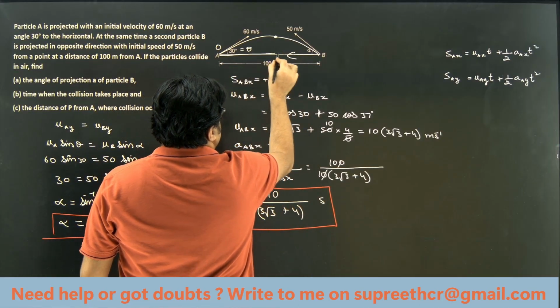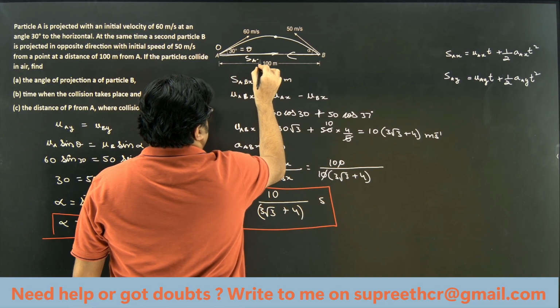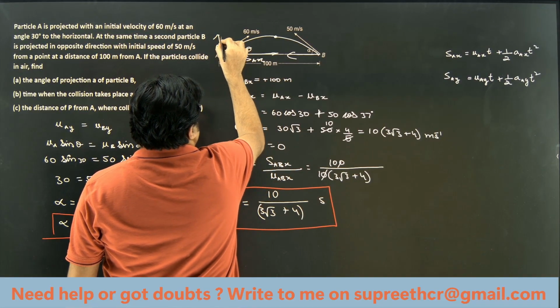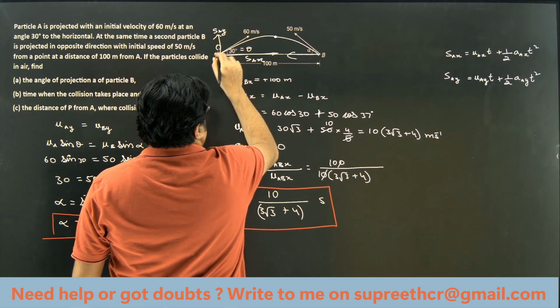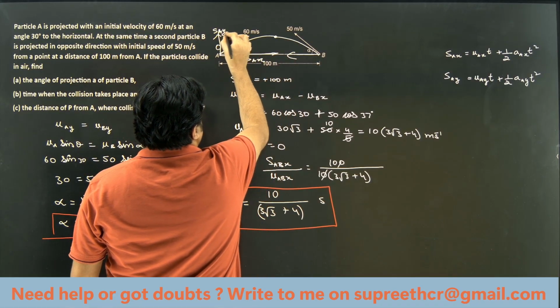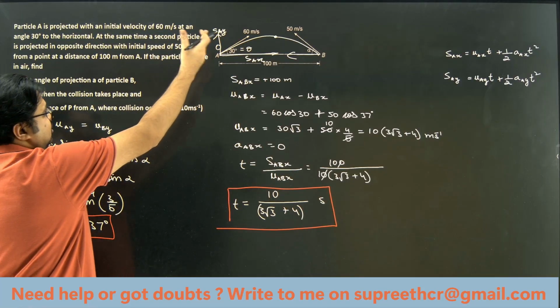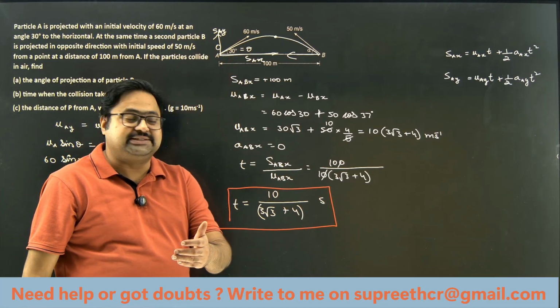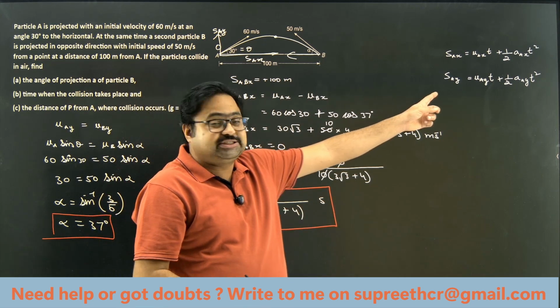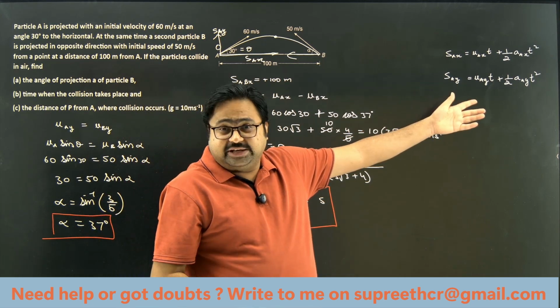Because this, dear friends, is SAX and that is SAY. So you have these coordinates and you will be able to find the distance of P. Of course, once you know the coordinates, it's very, very easy. It's root of SAX square plus SAY square.